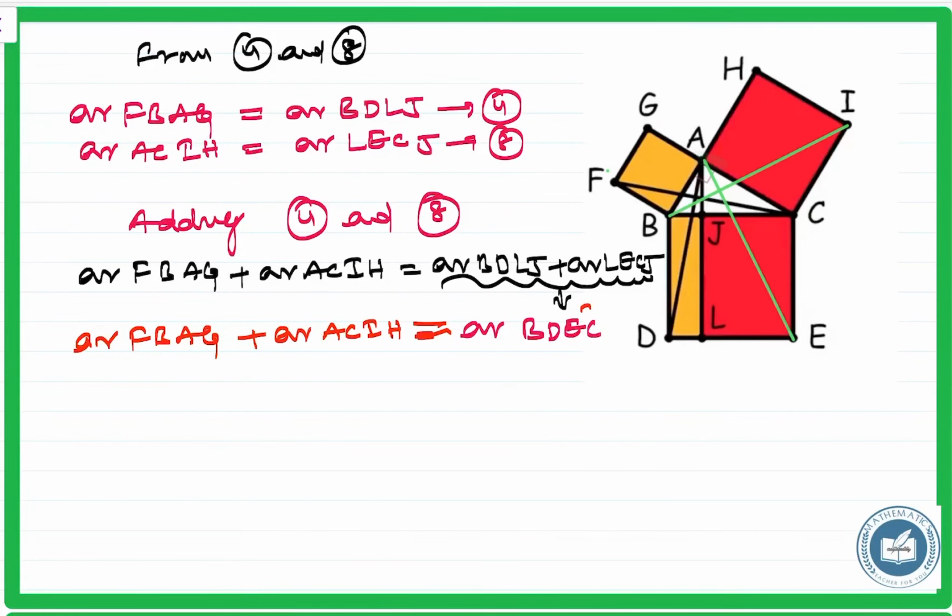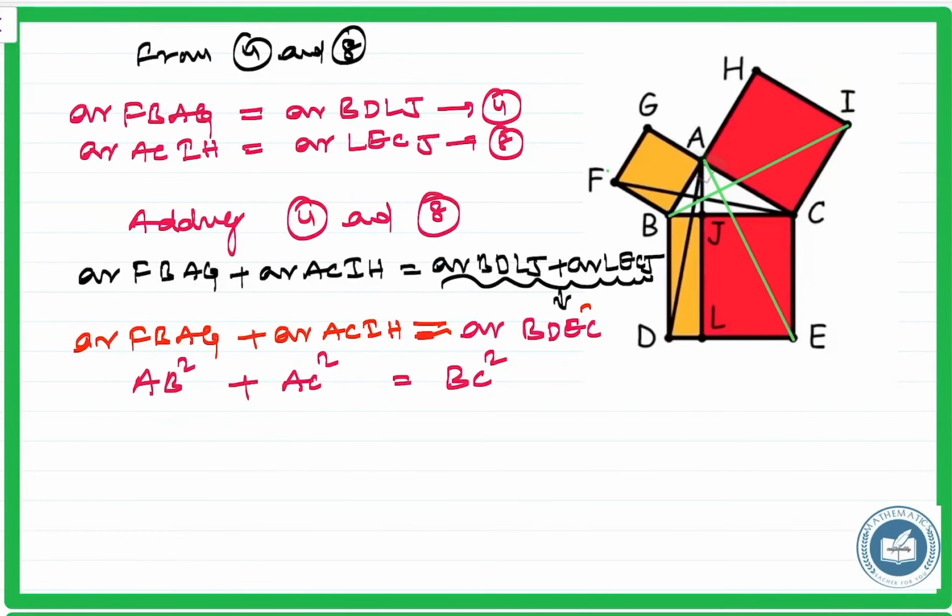Now the area of FBAG is AB square, the area of ACIH is AC square, and the area of BDEC is BC square.